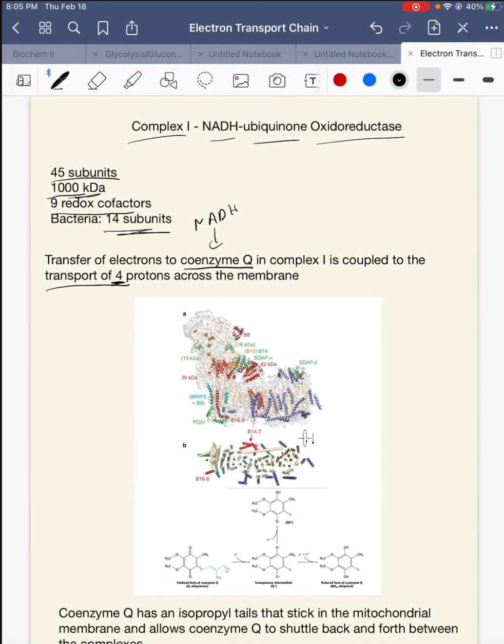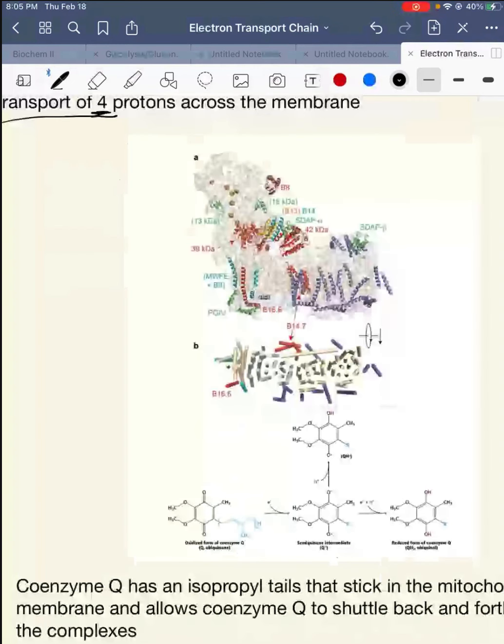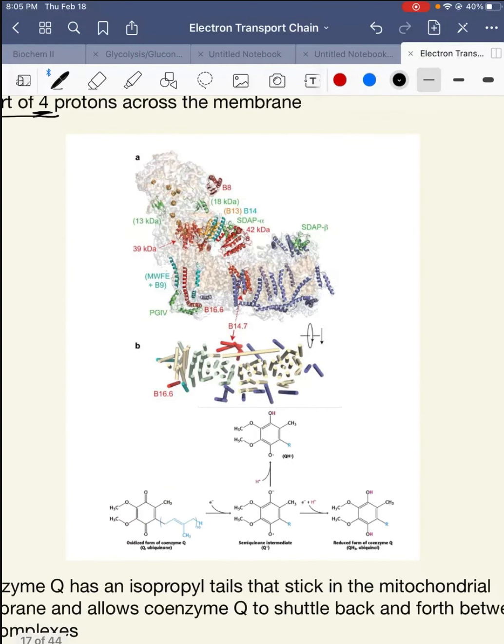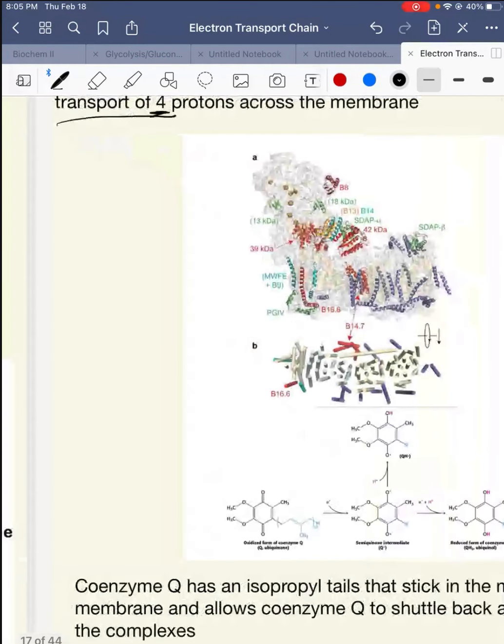Like I said, another name for coenzyme Q is ubiquinone. That's why it's in the name. Ubiquinone is the oxidized form, and ubiquinol is the reduced form, so you might see both when they're referring to coenzyme Q. I also added here that coenzyme Q has isopropyl tails, and that allows it to stick in the mitochondrial membrane and shuttle back and forth between complexes.